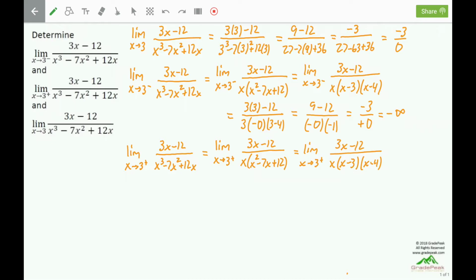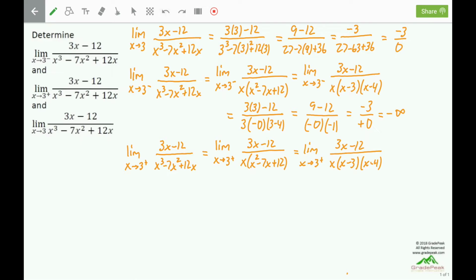This is the right-sided limit, with x approaching 3 from the side more positive than 3, like 3.01. If that were plugged in for the x in the factor that's making 0, 3.01 minus 3 will be a positive number. But x approaching 3, so x minus 3 approaches 0, so it will be a positive 0 that we can replace x minus 3 with.